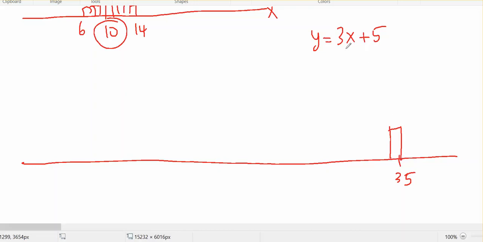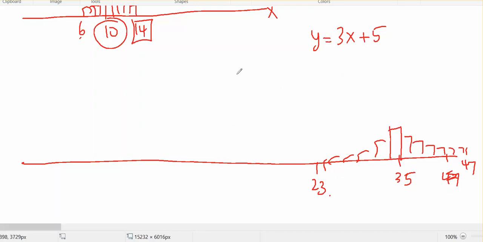That the mean, the expected value, is multiplied by 3, then 5 is added. My 14 would be multiplied by 3 to get 42 plus 5, so 47. And my 6 gets multiplied by 3 is 18, plus 5 is 23.